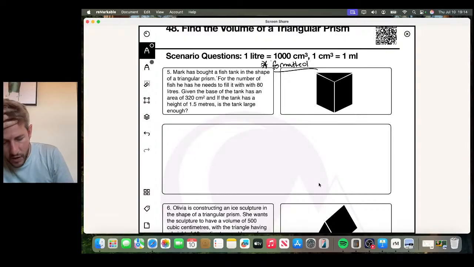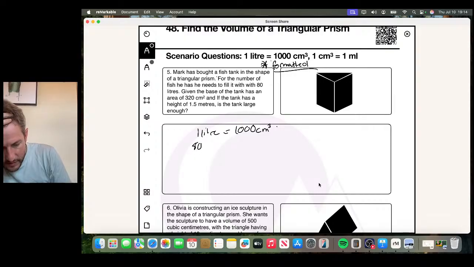Okay, so what we've got here is we're going to fill this out. So 80 litres, 1 litre equals 1,000 centimetres cubed. Okay, 80 litres will be 80,000 centimetres cubed.